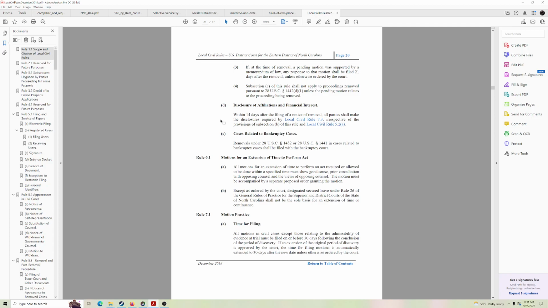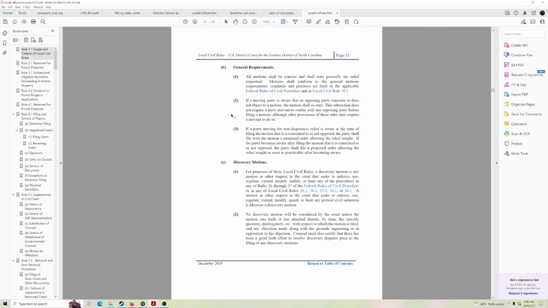All motions in civil cases, except those relating to the admissibility of evidence at trial, must be filed on or before 30 days before the conclusion of the period of discovery. If an extension of the original period of discovery is approved by the court, the time for filing motions is automatically extended to 30 days after the new date unless otherwise ordered by the court.